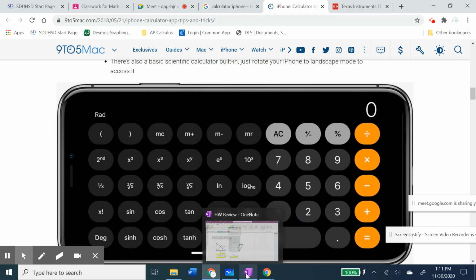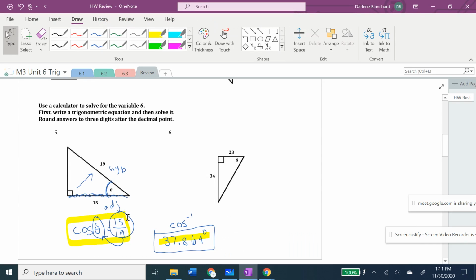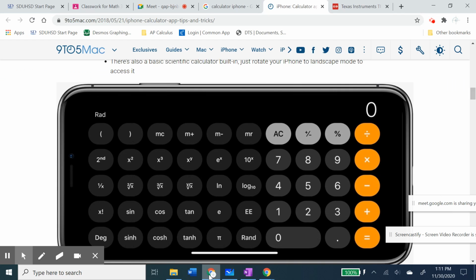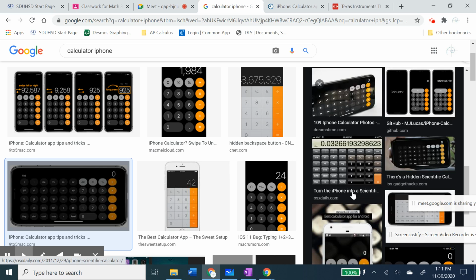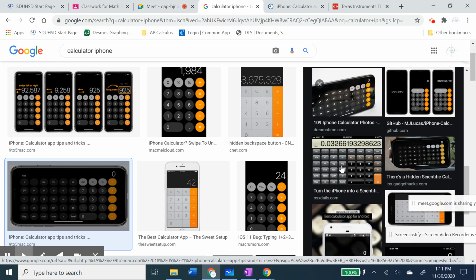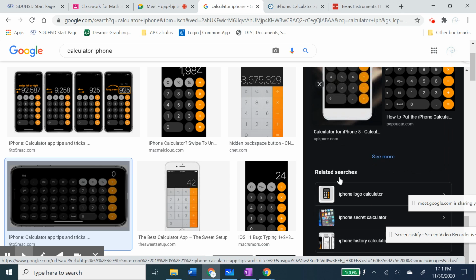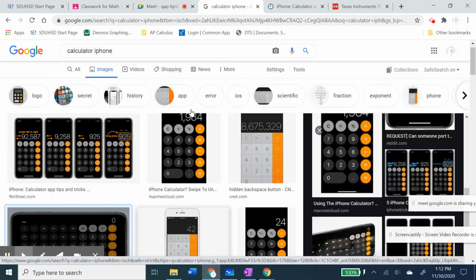You have to make sure 15 divided by 19 is in parentheses. And you're still getting an error. I'm trying to see if I can find what it does after you push second.